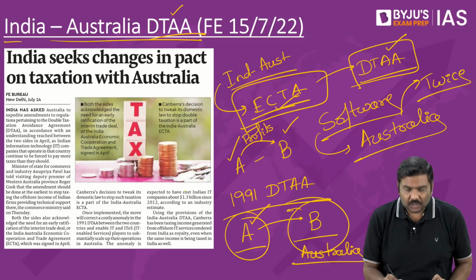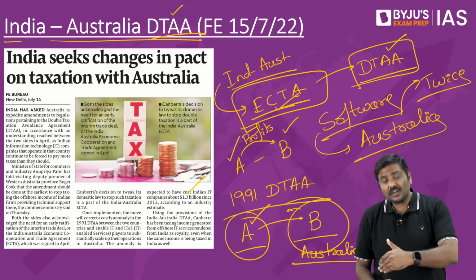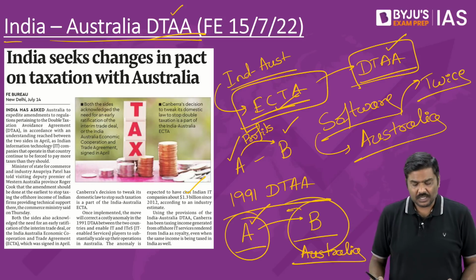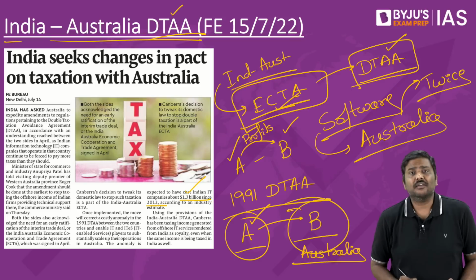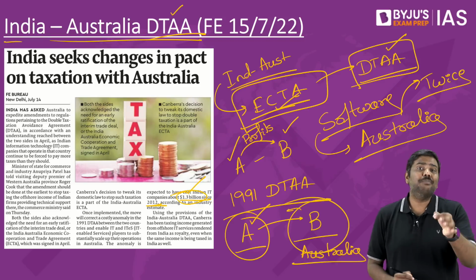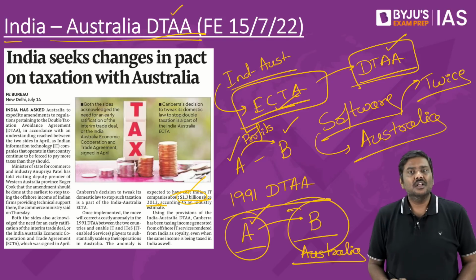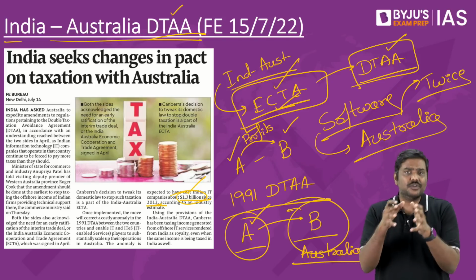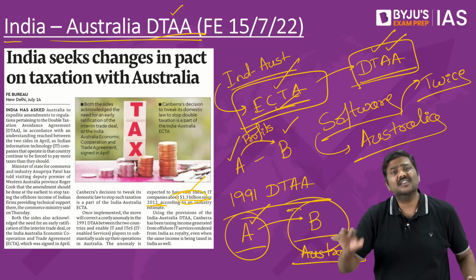And as per the report here, because of this kind of double taxation imposed on the software companies, since 2012 they have paid more than 1.3 billion worth of taxes like this. So very recently, when this ECTA was signed between India and Australia, one of the points that was covered was this itself.